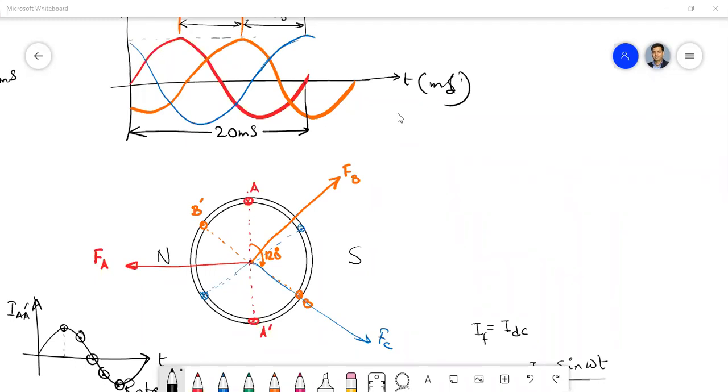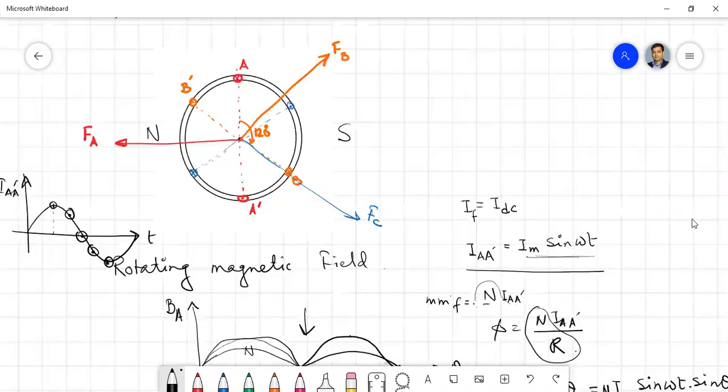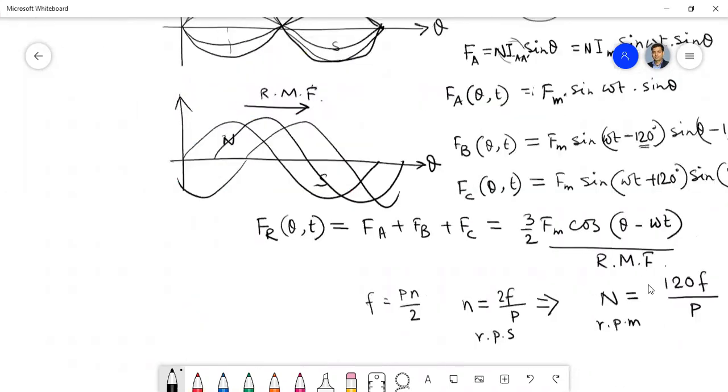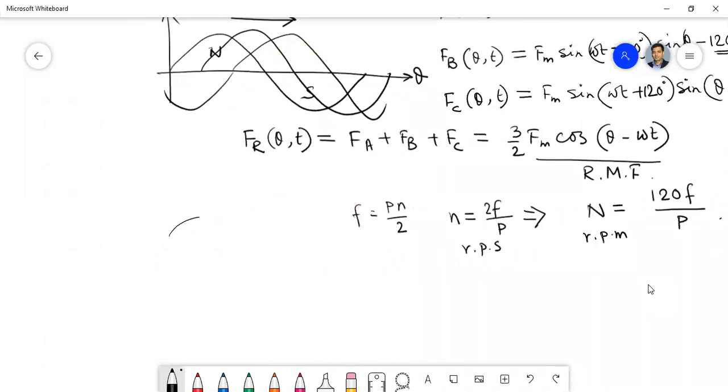Right? Did you understand what I am saying? Are you getting? Yes, sir. Suppose I have a magnet like this. If I rotate this, then also the similar effect you will get.